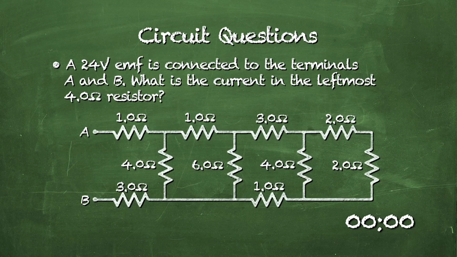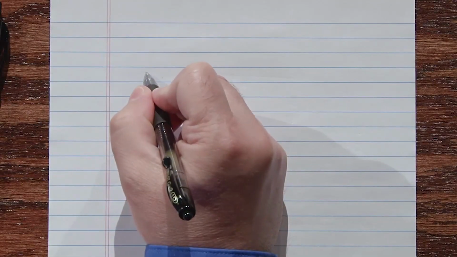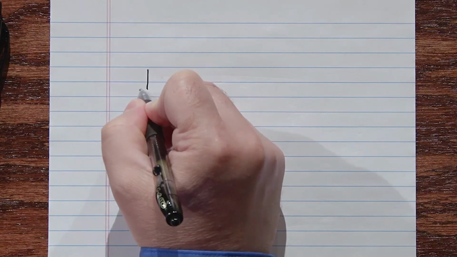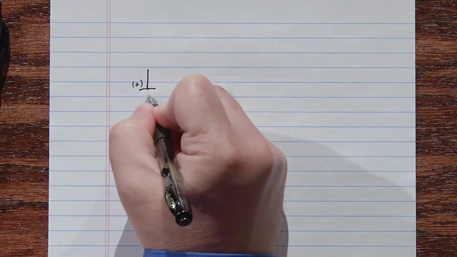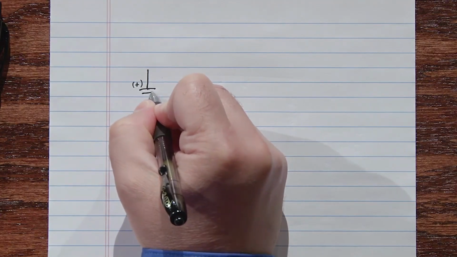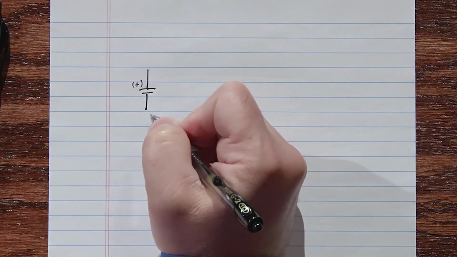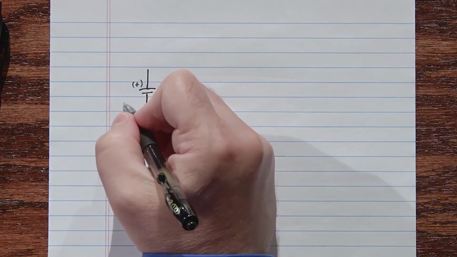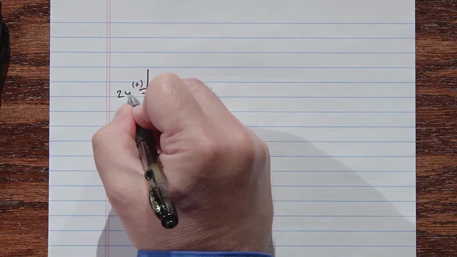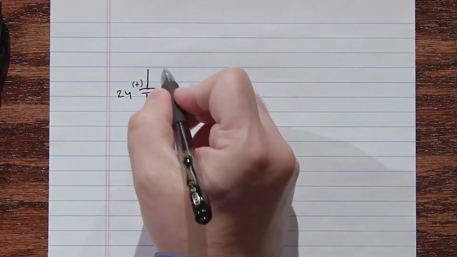Let's draw the circuit. I'll start with our battery. And I'll put the positive terminal up. And it is a 24-volt battery.